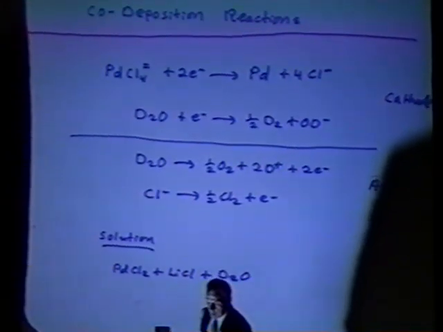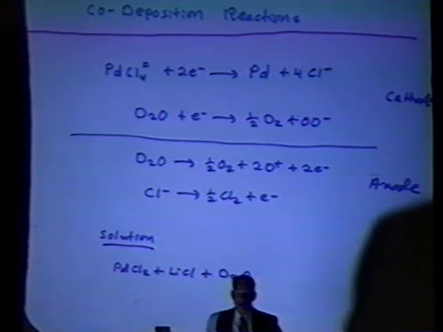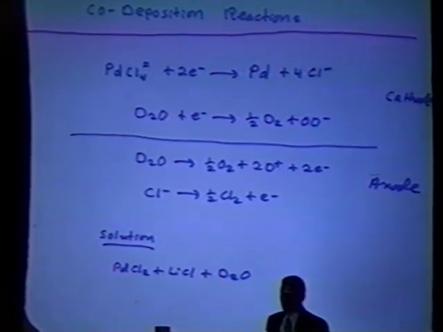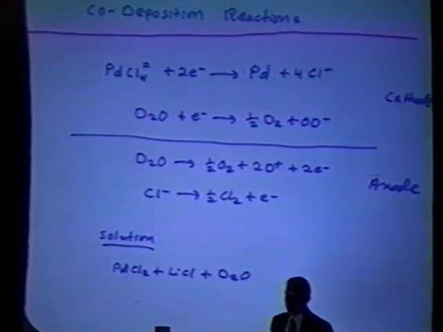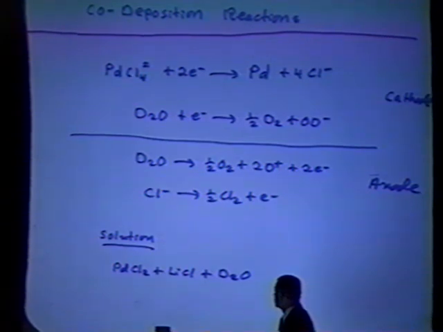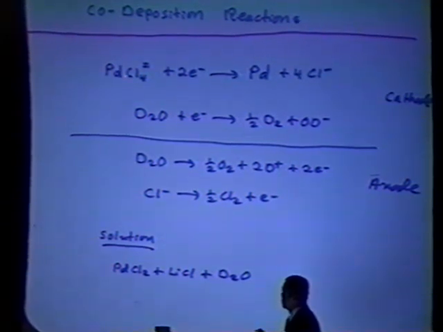However, we later went to a co-deposition process. This is reported by Sam Spock at Navy Laboratory in San Diego. This is different than normal palladium electrolysis. You actually start with palladium chloride, the complex in solution, and you plate it out on a copper cathode. That's one of the cathodic reactions.